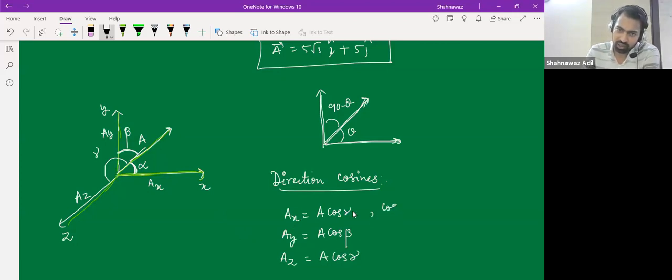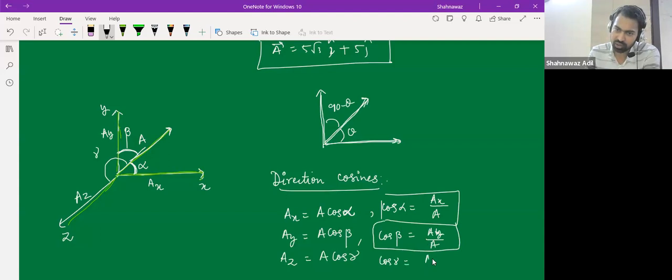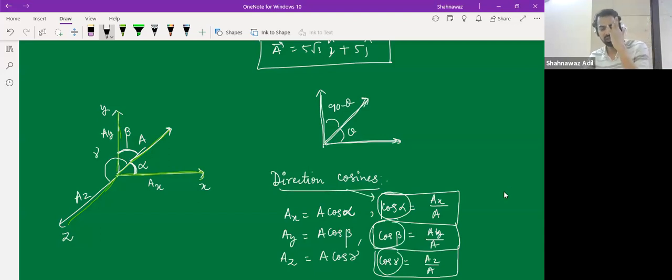If I write cos alpha, this would be Ax by A. Cos beta would be Ay by A, and cos gamma would be simply Az by A. These three cosines are called direction cosines for the three-dimensional system. So did you get this point?